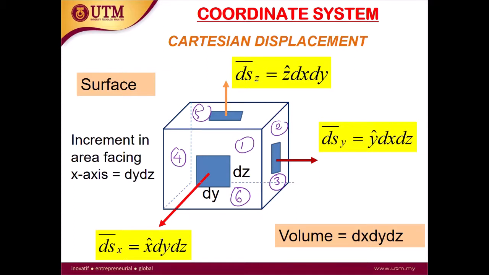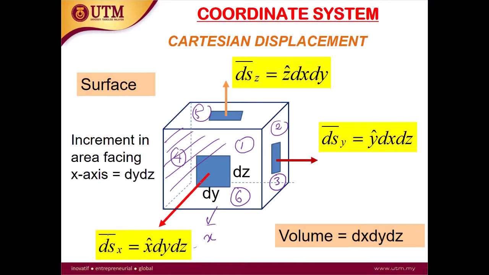So how can we express the surface at certain directions? Let's say I take the surface 1, this first surface. If you take a little sample here, we can say the surface 1 is going towards the x-axis.